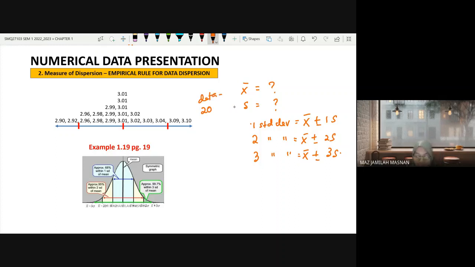From 20, can someone please calculate 68% of 20, how many? 68% multiplied with 20. How many do you get? Can someone please calculate?